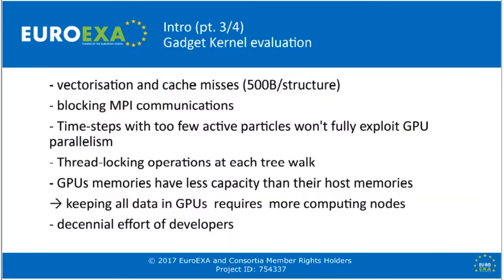So how do we deal with it? Other challenges, structures are very heavy and they break the cache. So this poses limits on the vectorization of the code. We have a blocking MPI communication in the middle of a time step to exchange the guest particles between MPI ranks.